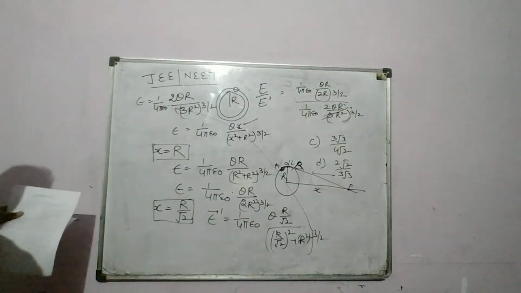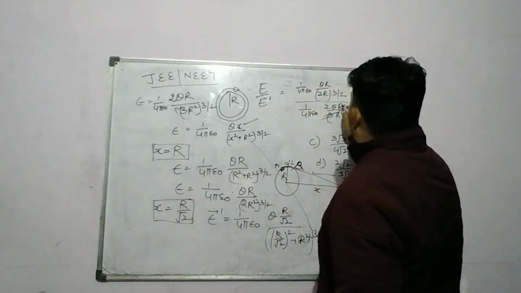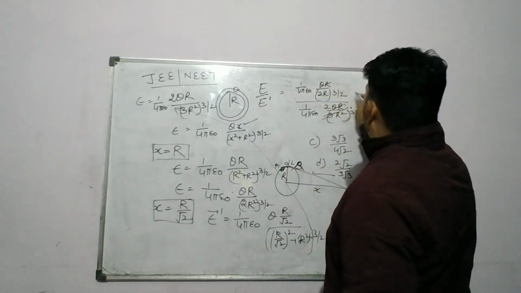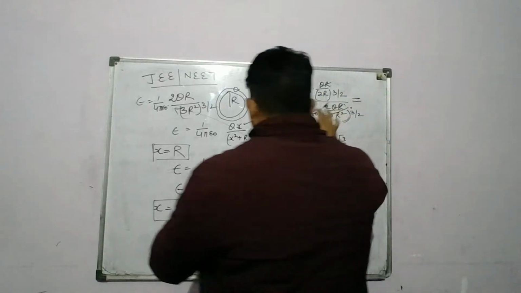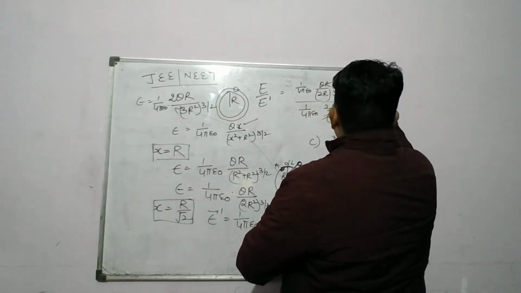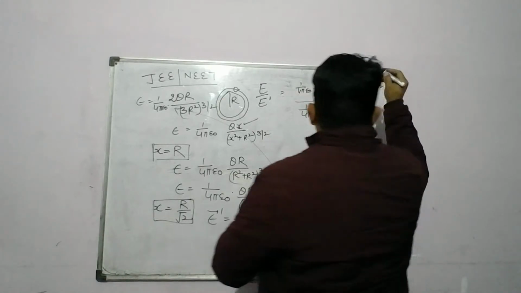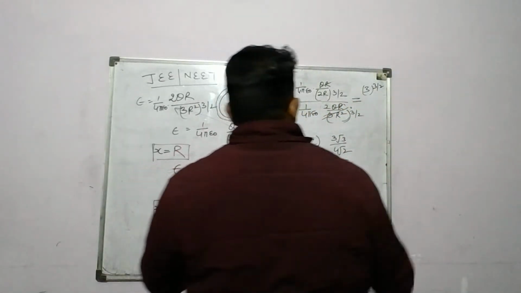So understand this concept. It means here qr remain cancel out, and here 3 raised to power 3 by 2 cancel.